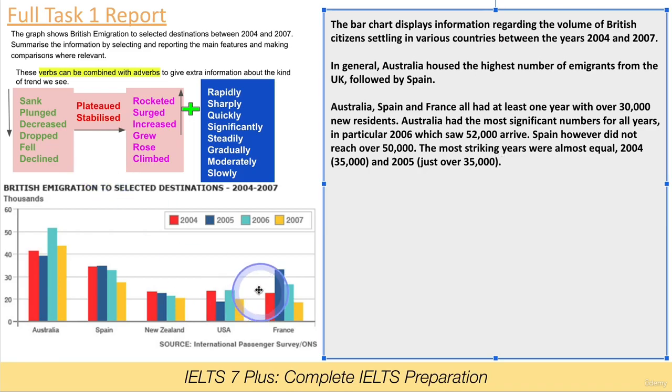Okay, let's talk about the France 2005 year, which saw a significant amount.